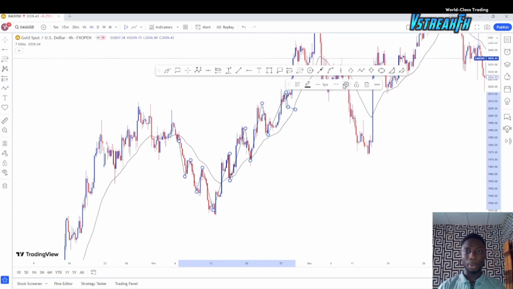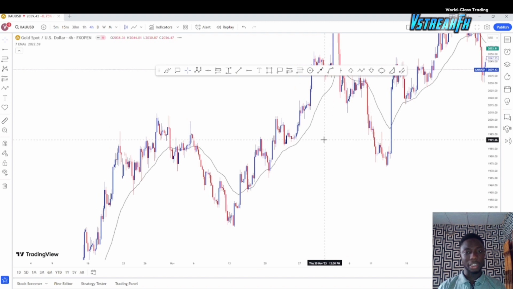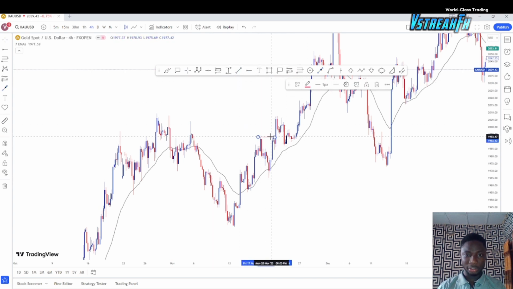So you have to have a proper understanding of this before you use the Fibonacci retracement level. So now let's quickly identify it. Firstly, you want to identify your break of structure. We already know the trend.